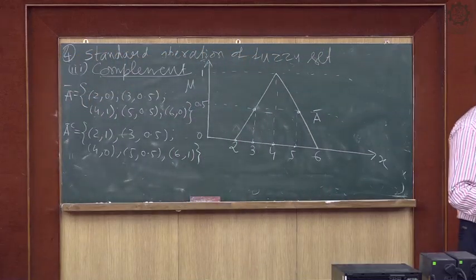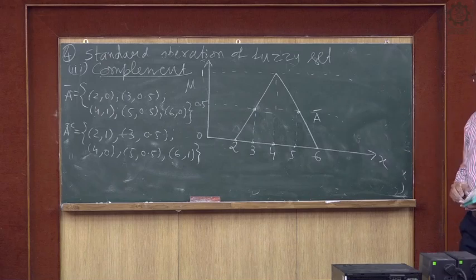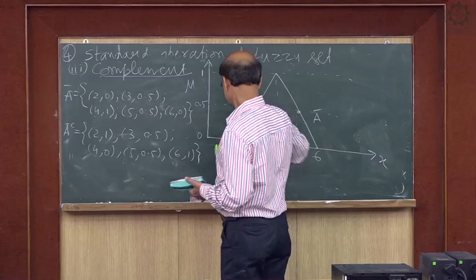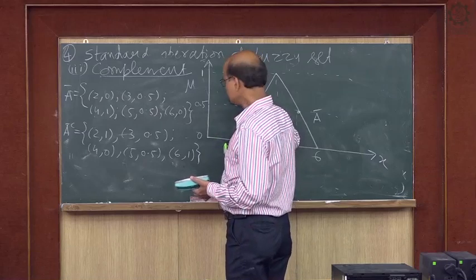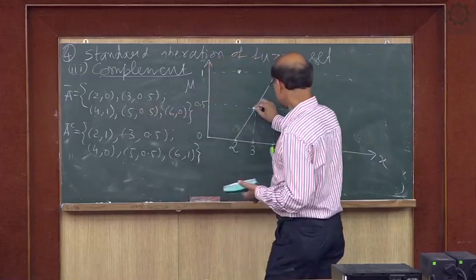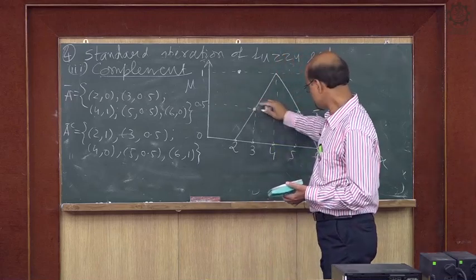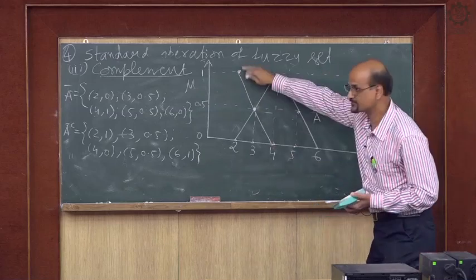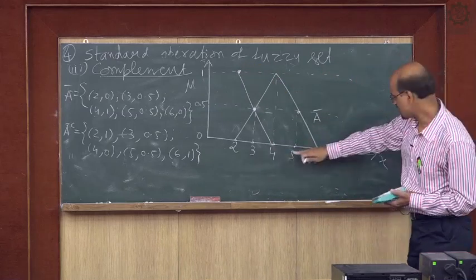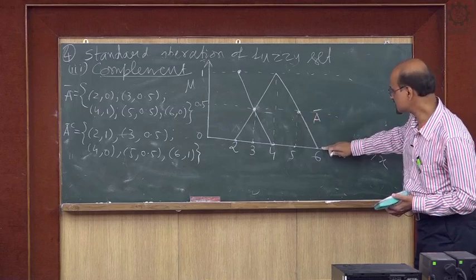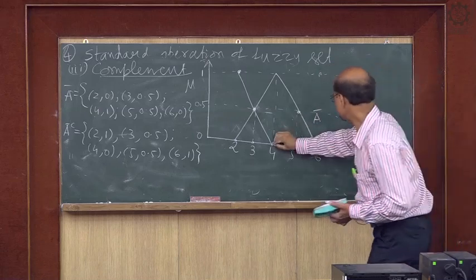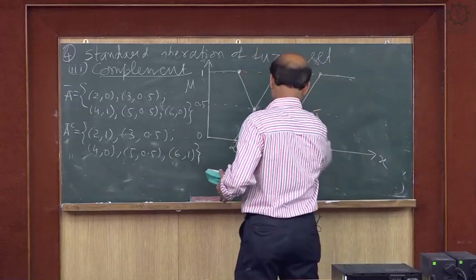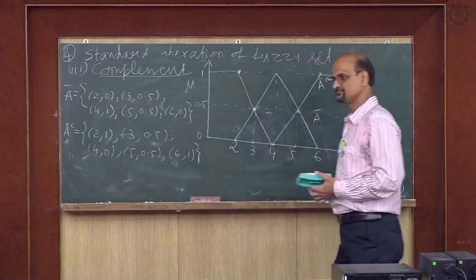What is happening in the figure? 2 is 1, so this point should go here. 3 is 0.5, no problem. 4 is 0, so your fuzzy set becomes like this. 5 is 0.5, 6 is again 1. So it is just upside down, and this is your A bar complement.